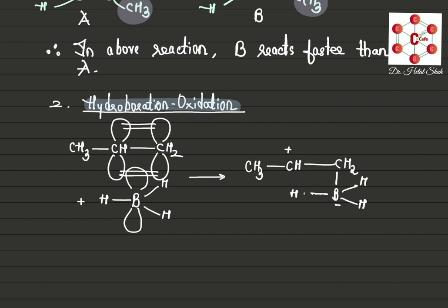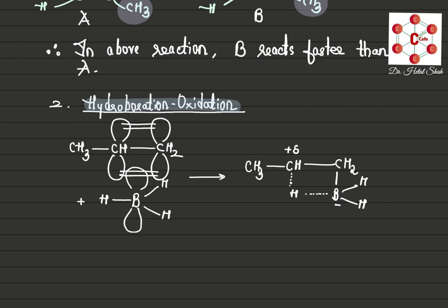Now what happens is, the electron density of this bond starts shifting towards this carbon. As a result, the carbon which was quite positive receives some electrons and becomes partially positive because it gets some electrons. So from full positive, it becomes partially positive.